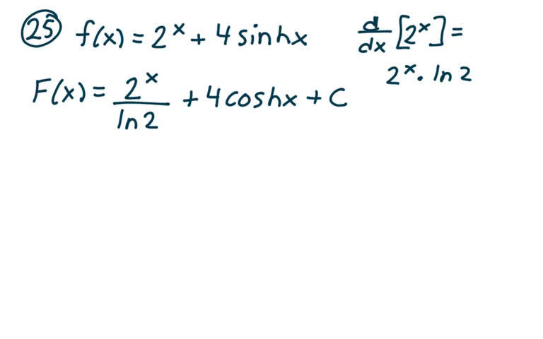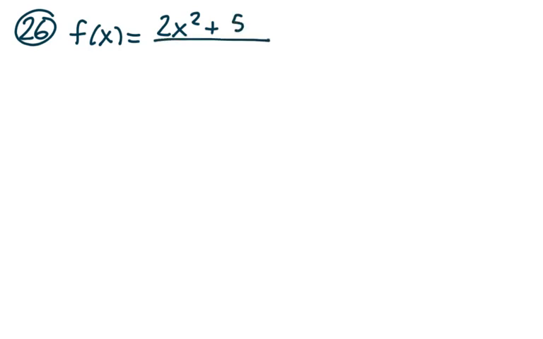Suppose I give you number 26. Suppose f of x is 2x squared plus 5 divided by x squared plus 1. So I want to demonstrate something slick with you guys. Now, what I'm going to do is I'm going to break up the 5, and I'm going to break it up into 2 plus 3.